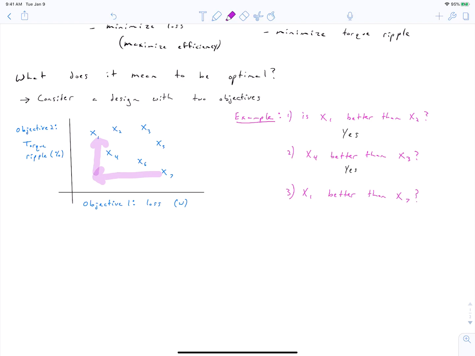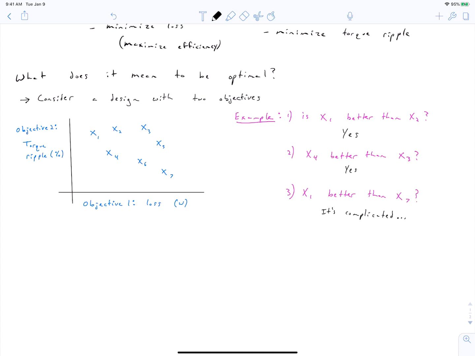We've optimized that objective. But in a different objective, that is torque ripple, we've derated our design. We've made our design worse. And if we were optimizing for torque ripple only, we'd have to say that X7 is better. And so the answer to this question is, it's complicated. And the answer is now up to an engineer's judgment. How much did you really care about loss?